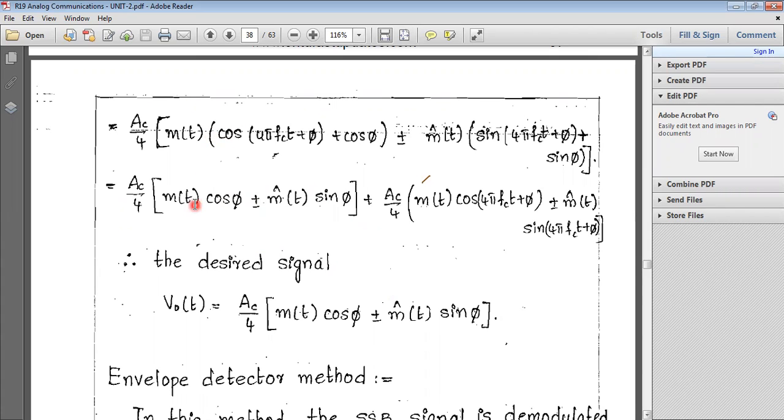So it becomes m of t cos phi plus or minus m cap of t sin phi. And you write the other two parameters, that is m of t into cos 4 pi fct plus phi plus or minus m cap of t sin 4 pi fct plus phi.